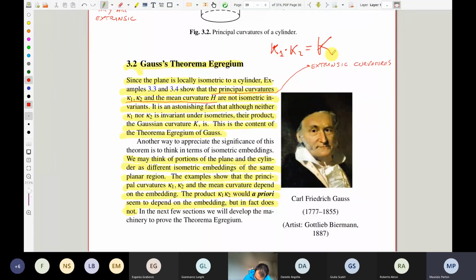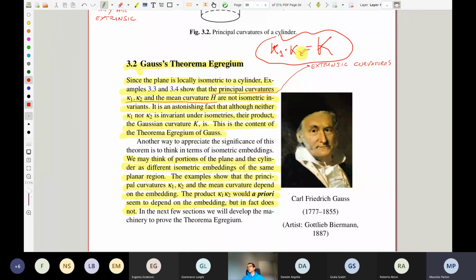Okay, this is K. K1 and K2 depend very much on how the surface is embedded in the space. So you would expect that also their product depends, but this doesn't happen. It's a very surprising fact, right?